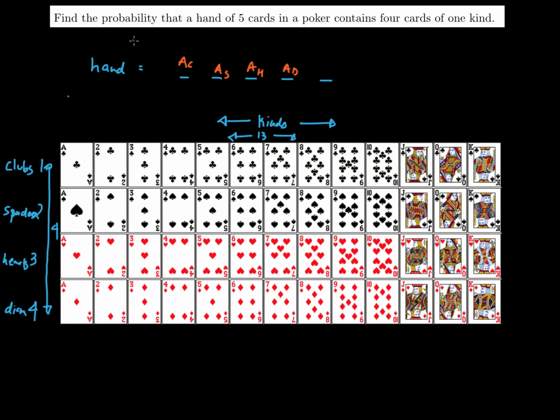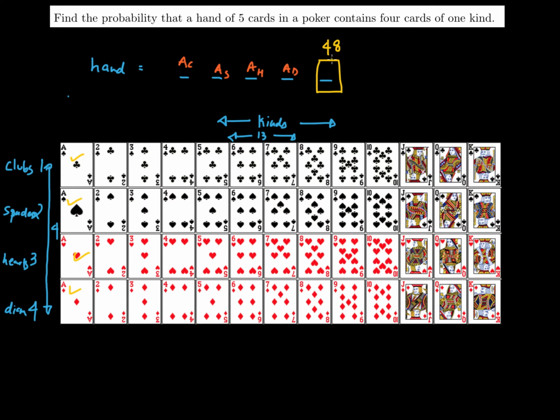This could be one such hand where I've got 4 cards that all belong to the same kind, and the kind here is aces. But keep in mind that for this last card, I've got a total of 48 different choices, because after selecting these 4, what's remaining in this pool of 52 cards is 48 cards that I could select from.